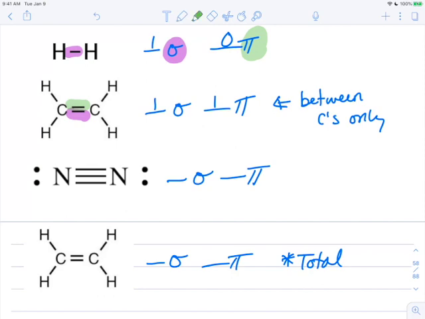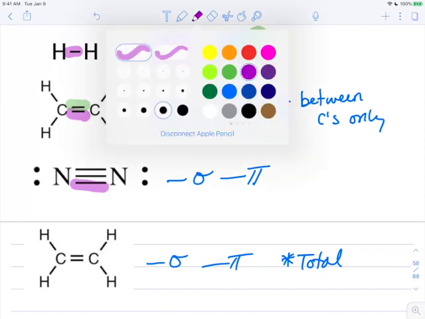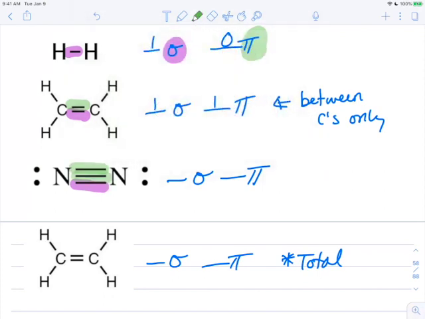All right. So then we're going to look at this N2, and we have 1 sigma, and both of the other ones are pi. So remember, between any two atoms, you can only have 1 sigma, the rest are pi. So it's looking something like so. So any questions on the first 3?